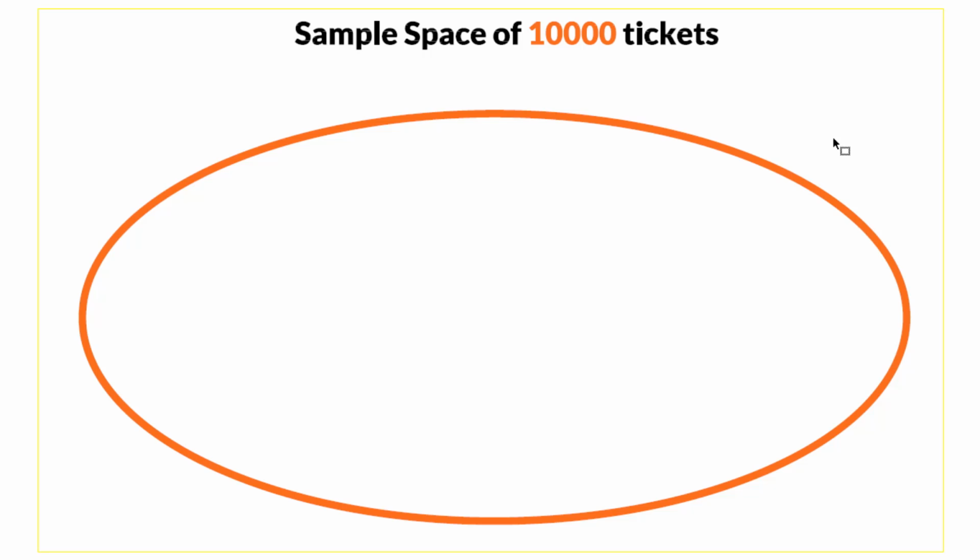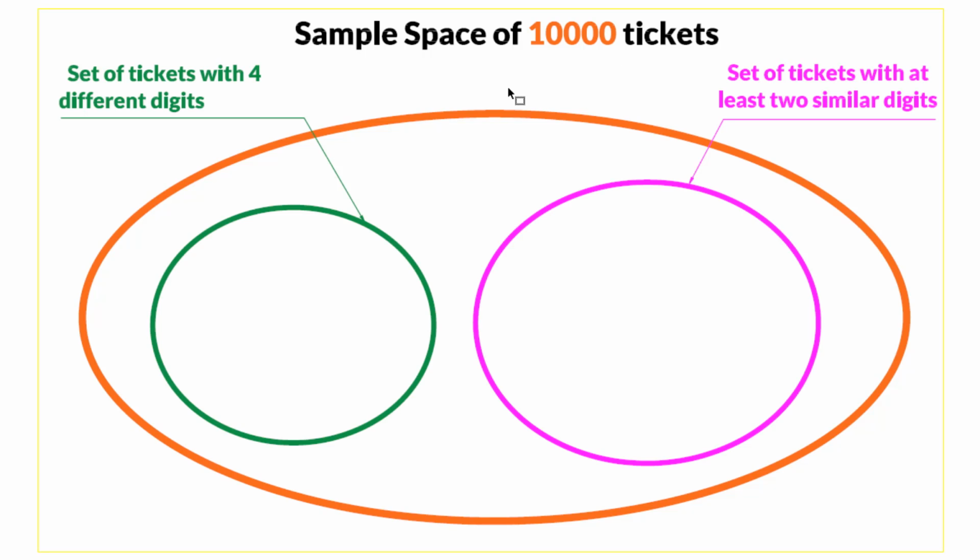We are going to represent the sample space using a Venn diagram. We have a sample space of 10,000 tickets, and inside of it we have two subgroups. The first is the set of tickets with 4 different digits, and the second is the set of tickets with at least 2 similar digits. We have seen that the number of tickets with 4 different digits is 5040, and the number of tickets with at least 2 similar digits is 4960.